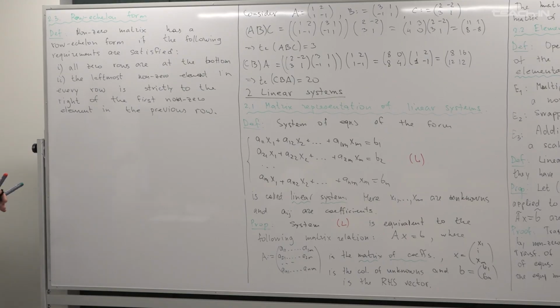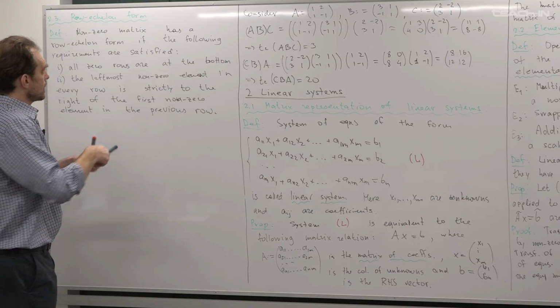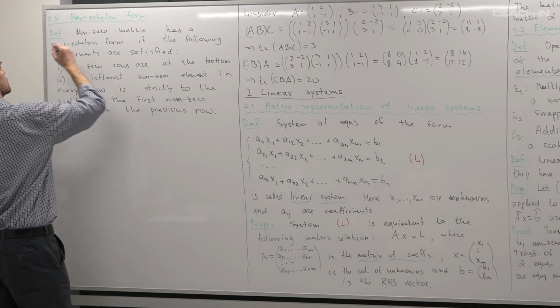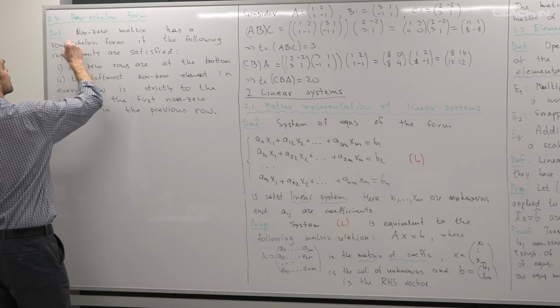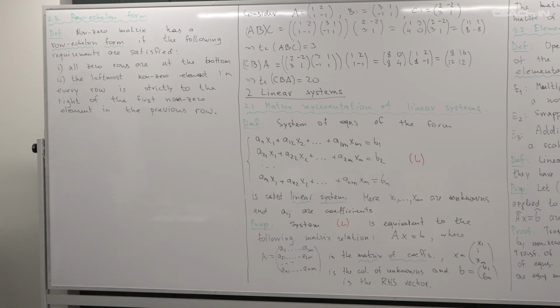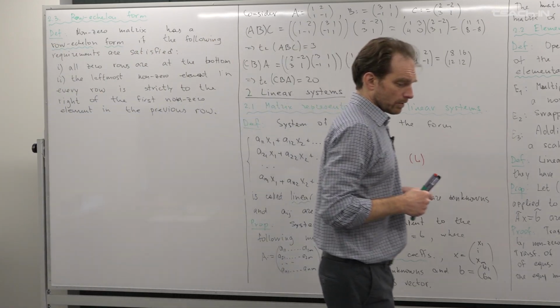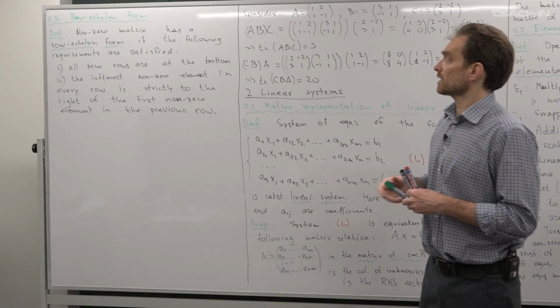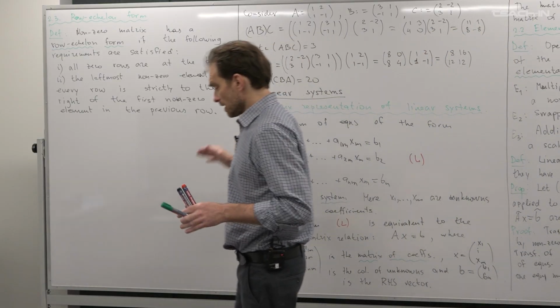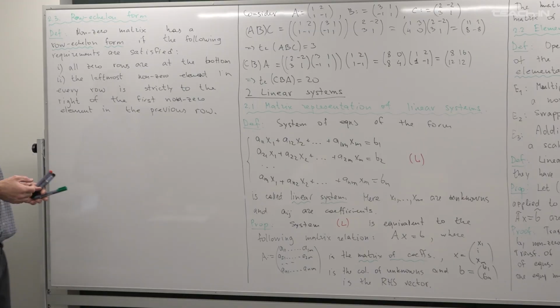So we have these two requirements. So I will underline the notion that is being introduced here, the notion of row echelon form. Sometimes the terminology is slightly different, so sometimes one more requirement is added here, but we will add it to the next definition that we'll have in a couple of minutes.